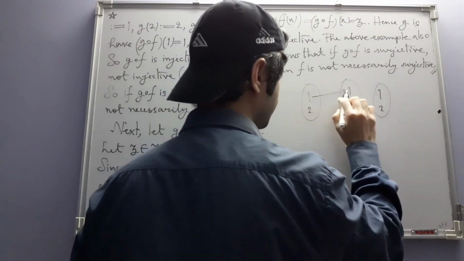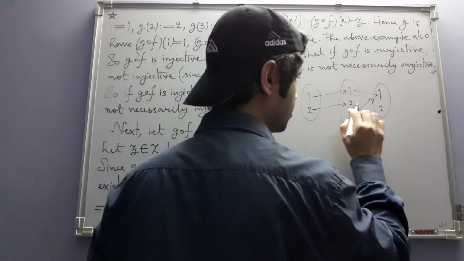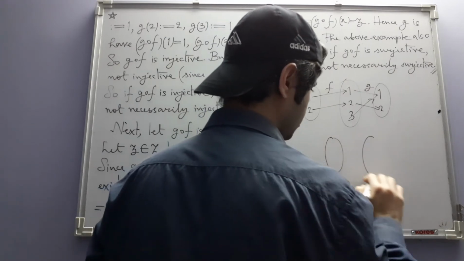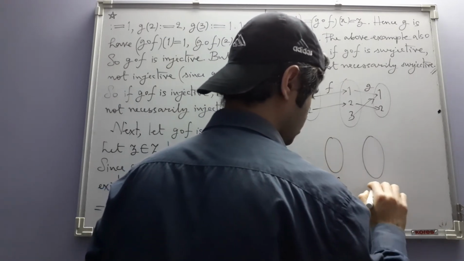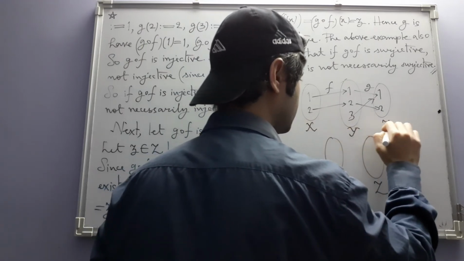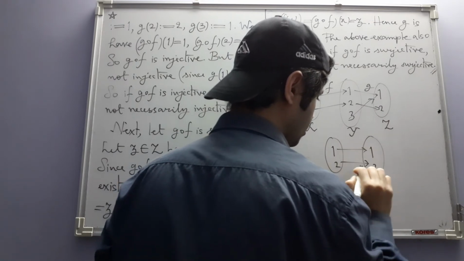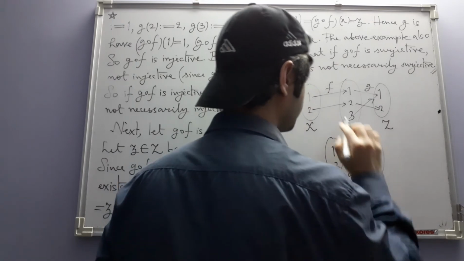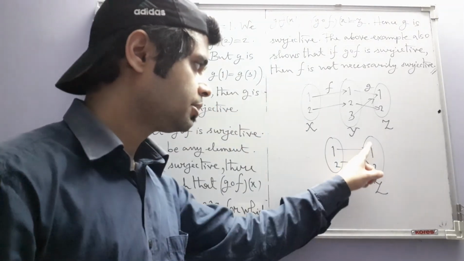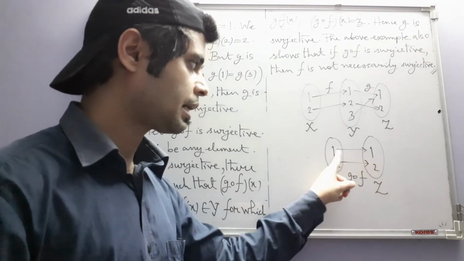So this is F, this is G, and this is G composition F. You see, G composition F of course is surjective because every element in its range is coming from something.